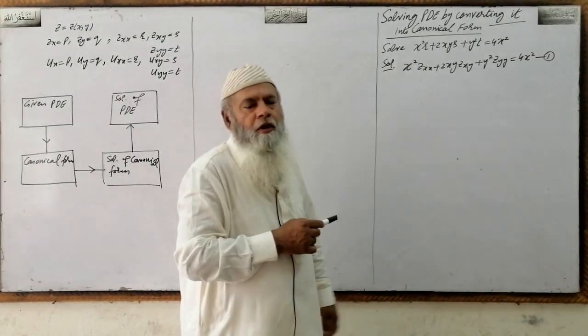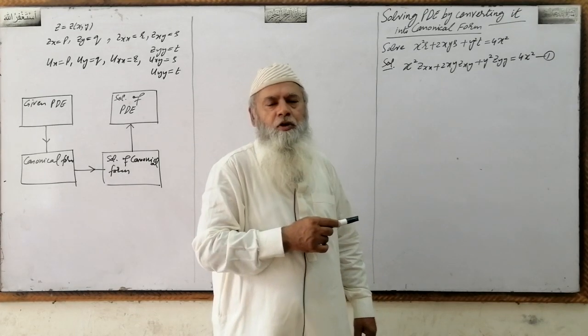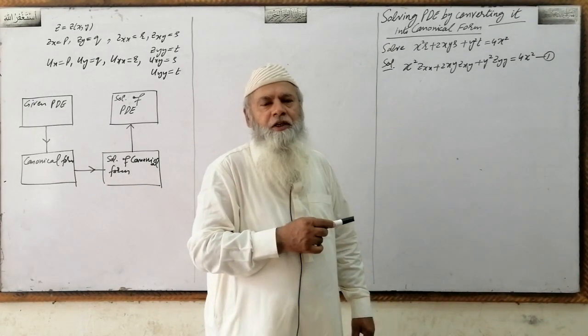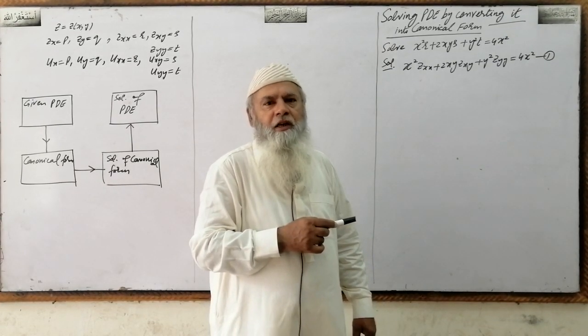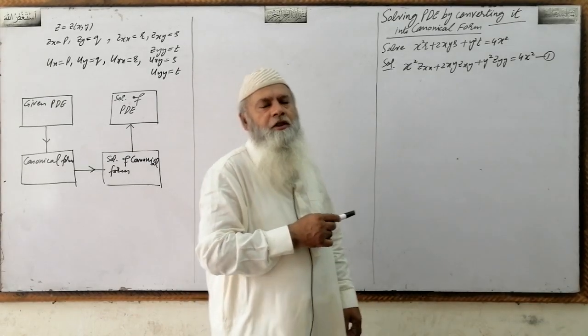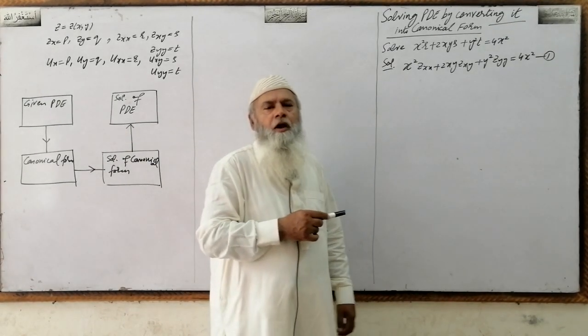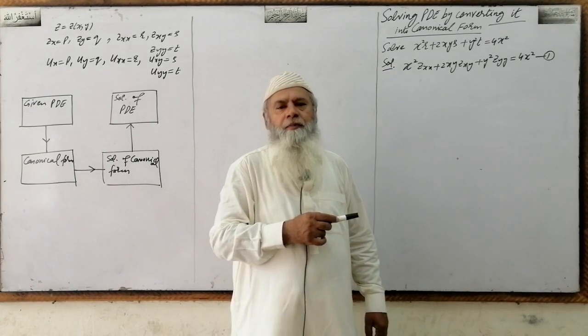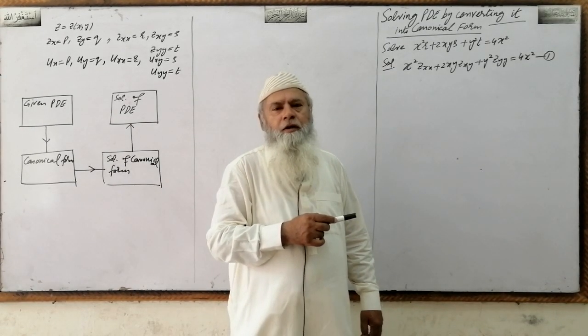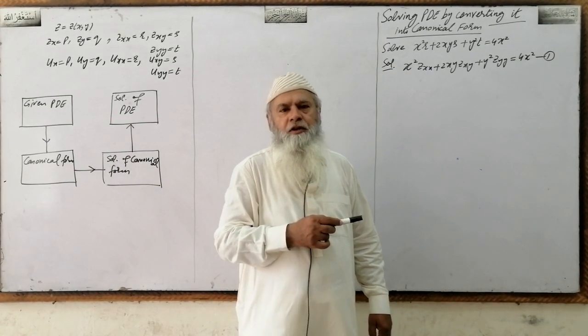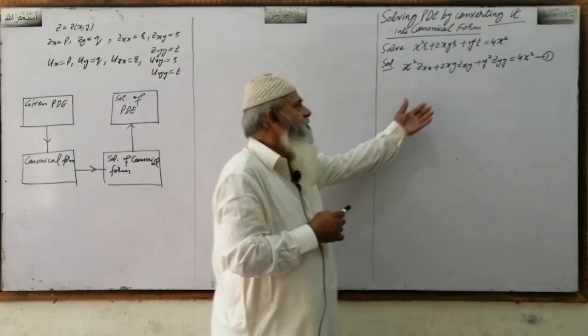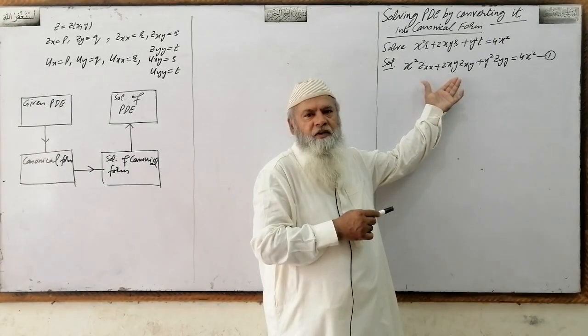Now, how can we convert this into canonical form? In order to convert into canonical form, we need its classification. There are three kinds of partial differential equations: elliptic, parabolic, and hyperbolic. The nature of the partial differential equation depends upon the coefficients of the second order partial derivatives.